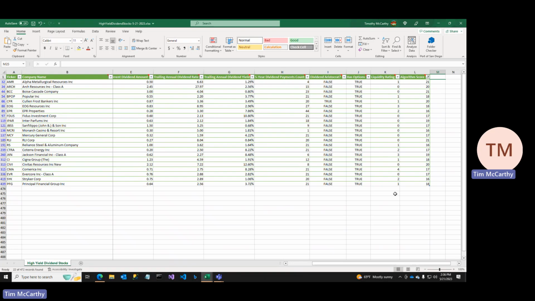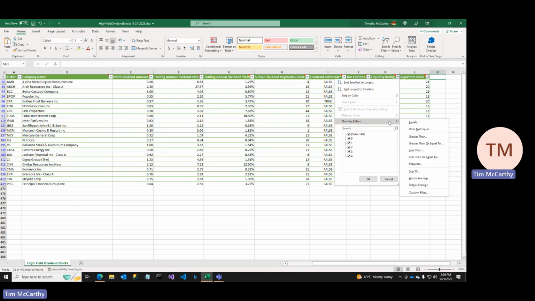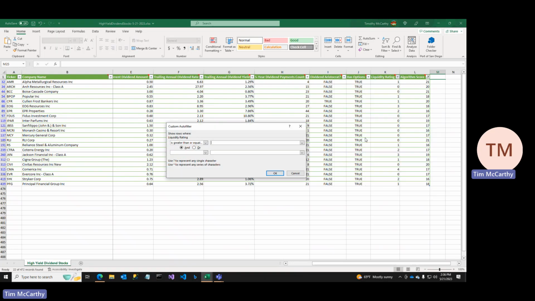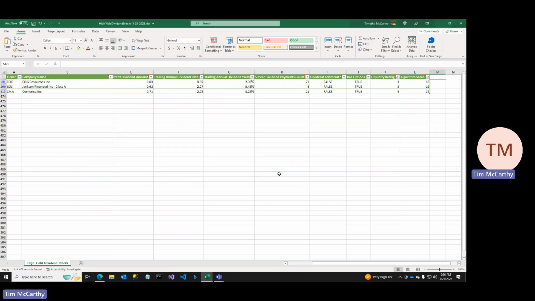So I like going with higher liquidity stocks because I can get the order filled a lot easier. I'm going to say this has got to be greater than or equal to 3, which is pretty good.